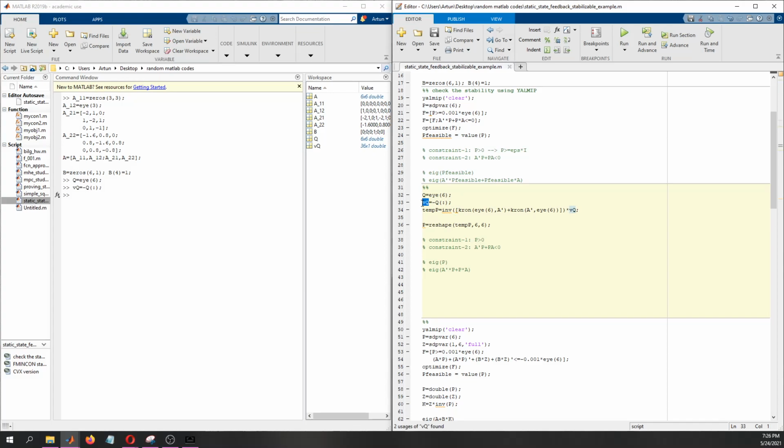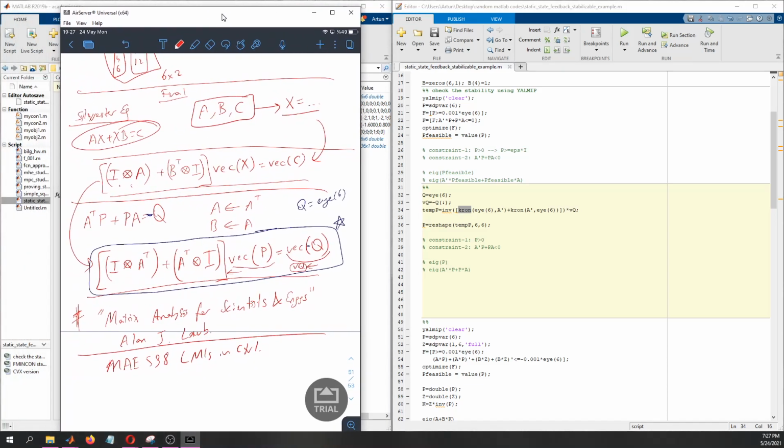It has 36 entries, and here this is the Kronecker operator, and I just write exactly the same thing: identity Kronecker A transpose, plus A transpose Kronecker identity.